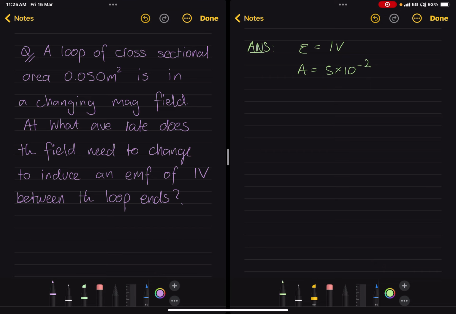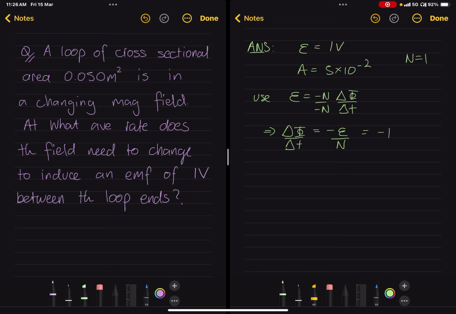The formula we're going to use is EMF is minus N times del flux del T. We need to solve this for del flux del T. So divide both sides by minus N. This gives us del flux del time is equal to minus EMF on N, and this is going to be equal to minus 1. We know that N is 1.